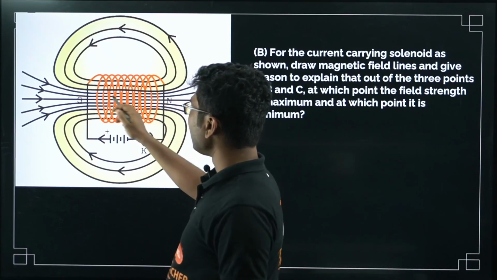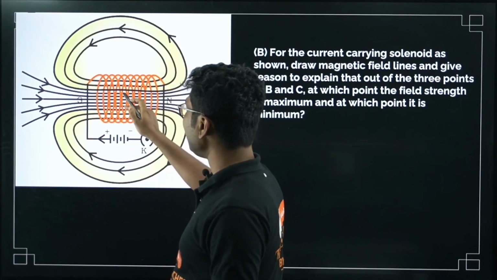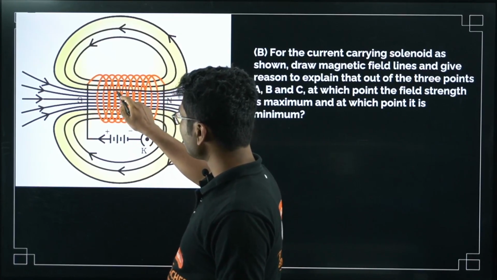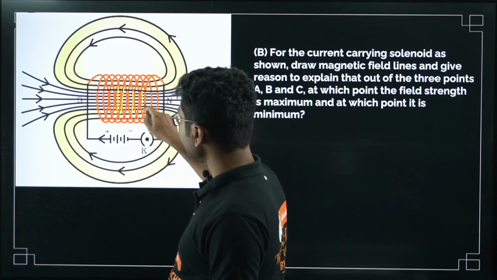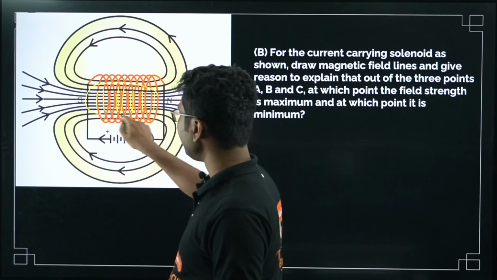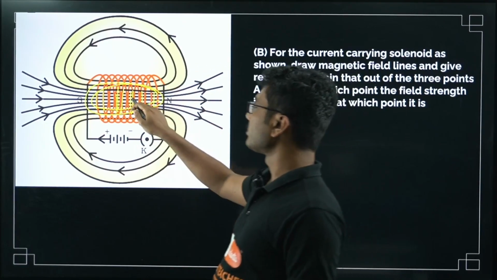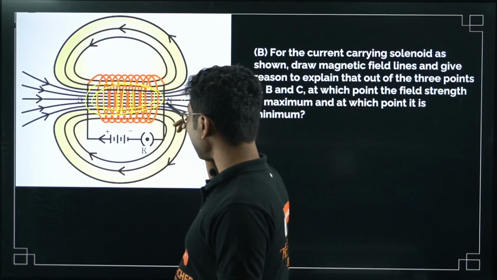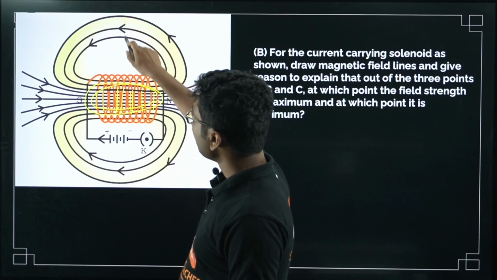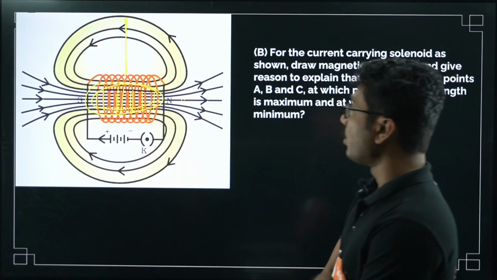Between the points A, B, C, as you can see, magnetic field lines are most concentrated in this area, right? So the magnetic field is strongest within the core. As you slowly move out, it decreases, and it is least in the region where there are no field lines.